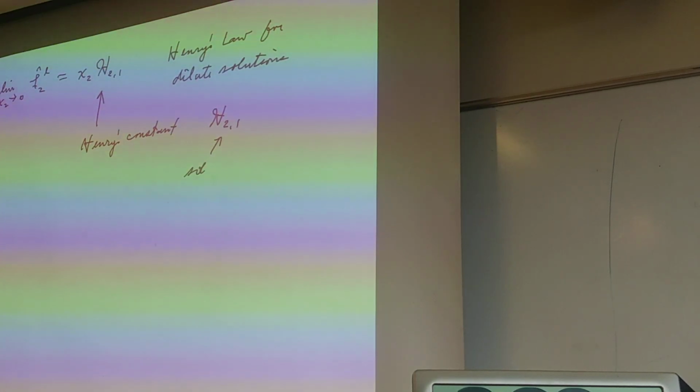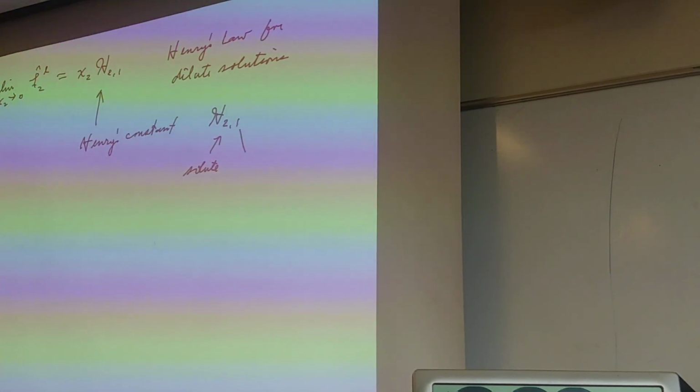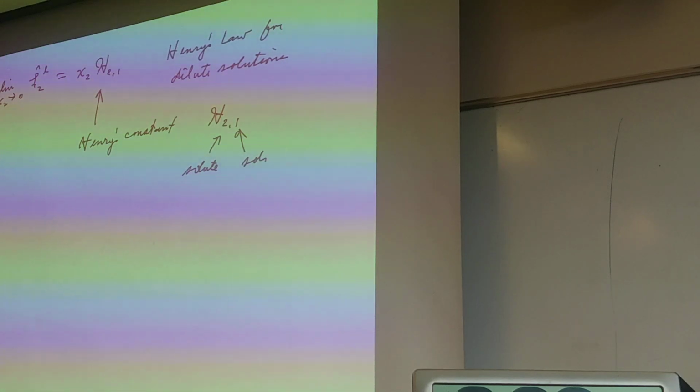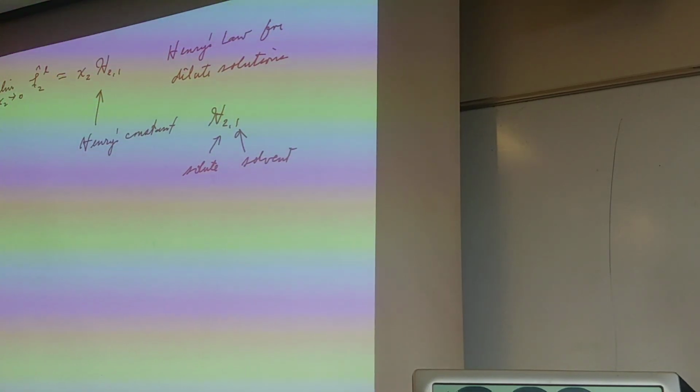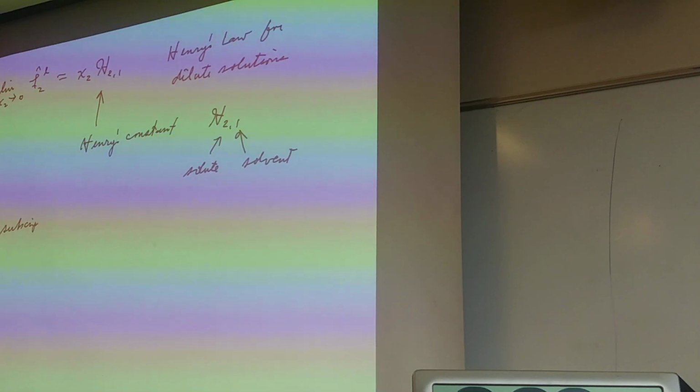This identifies the solute, this identifies the solvent. Now our notation is going to be that the subscript 1 is reserved for the solvent, and subscript 2 and higher are for the solute or solutes. That's just our notation.